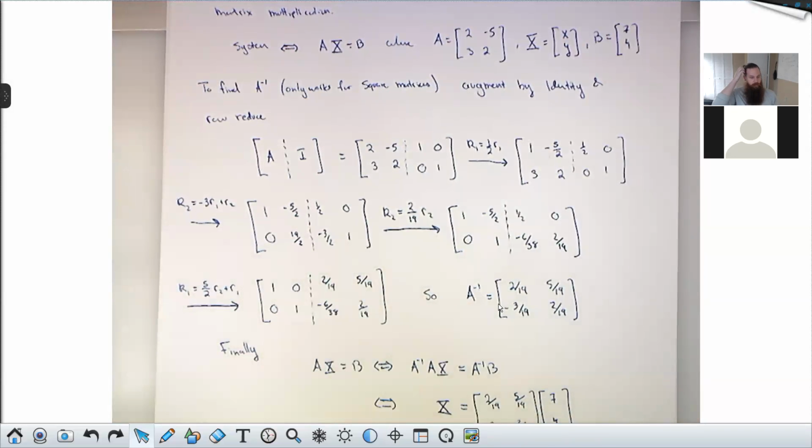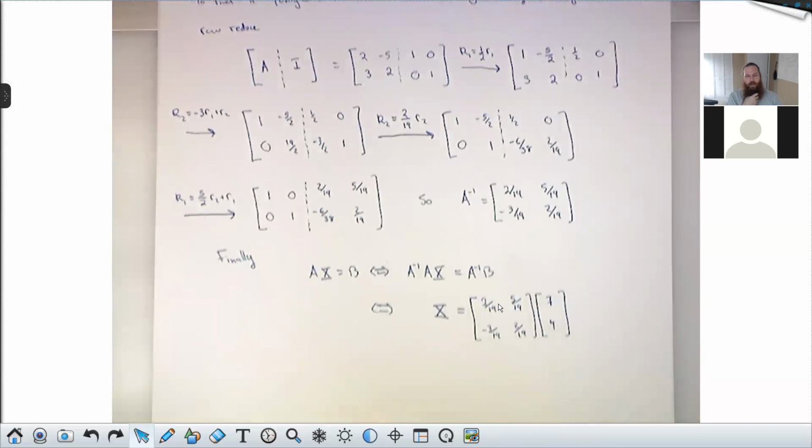And now if you carry out this matrix product, you will get your answer.